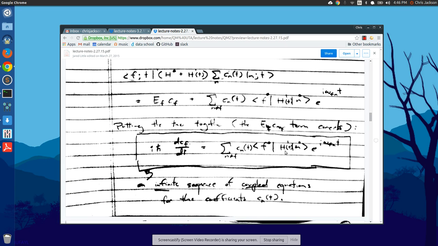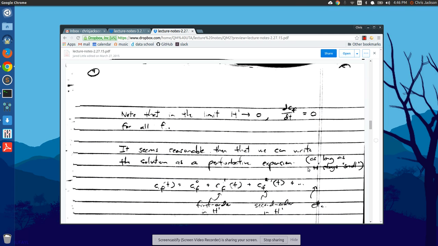The problem is that the equation looks harmless, but it's an infinite sequence. In general there's an infinite number of final states that you could have, so these are an infinite number of coupled equations, which is not an easy thing to solve.